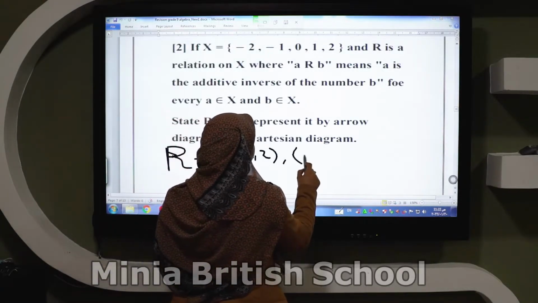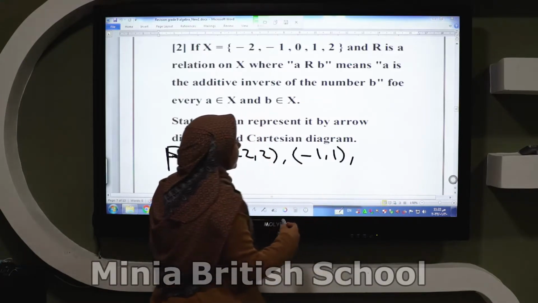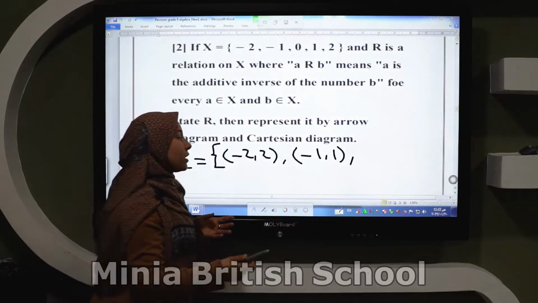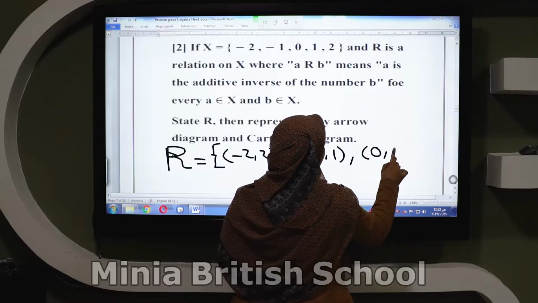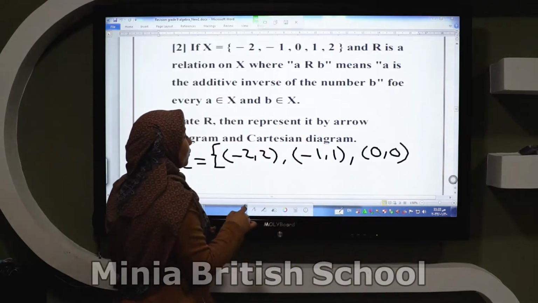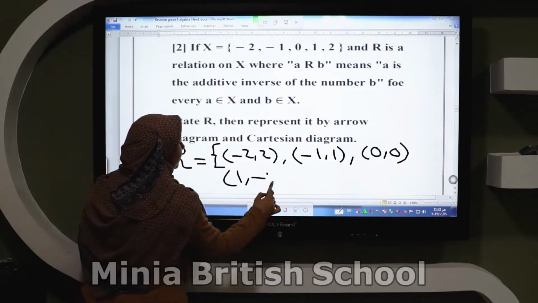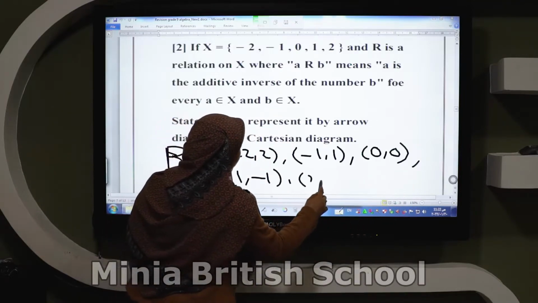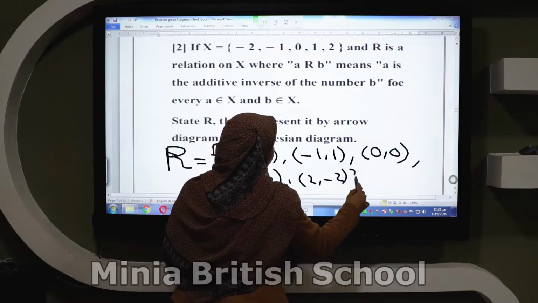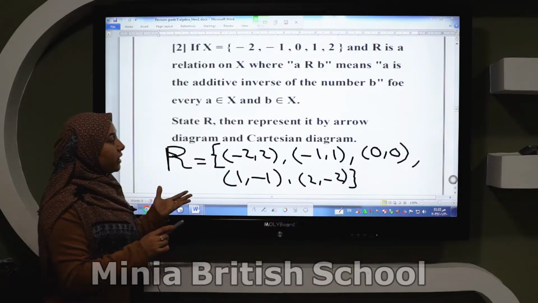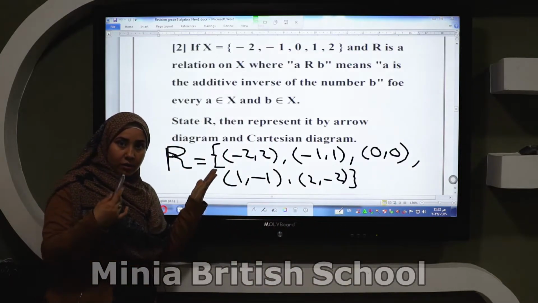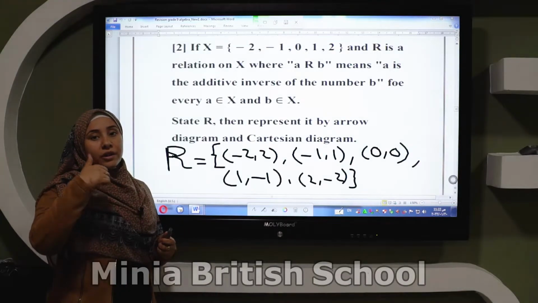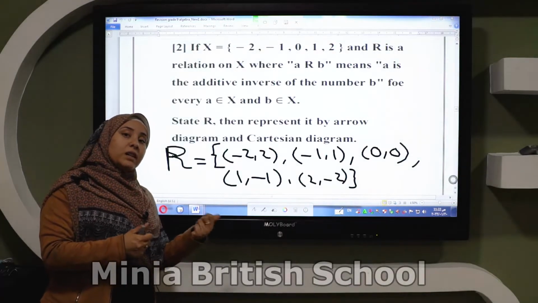So the second ordered pair is -1 and 1. 0, the additive inverse of 0 is 0, good. The additive inverse of 1 is -1, and the additive inverse of 2 is -2. Now I need to represent this relation by the arrow diagram and also by the Cartesian diagram.